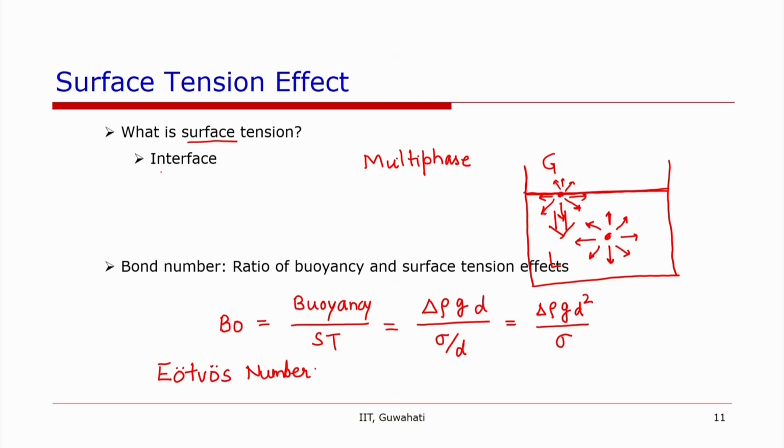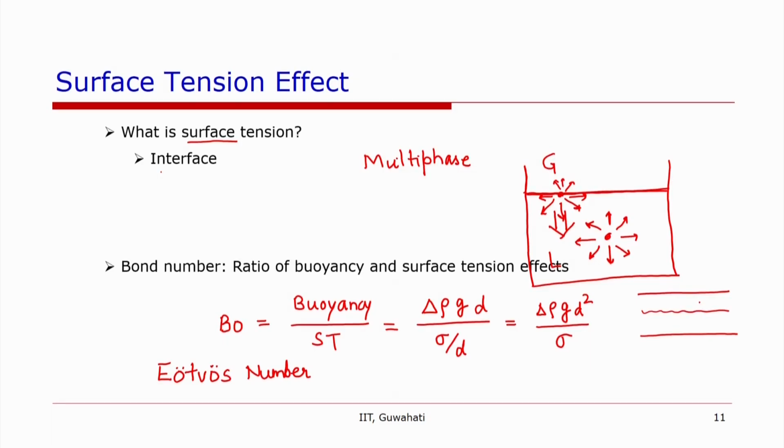and this is often used in gas liquid flow to demarcate a boundary between the mini channel or micro channel and the large channels. So, this can be used to find out, for a particular gas liquid system, at what size one will have the surface tension effect dominating the gravity force.